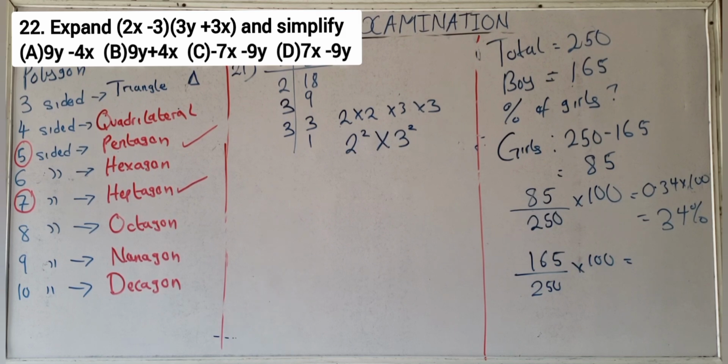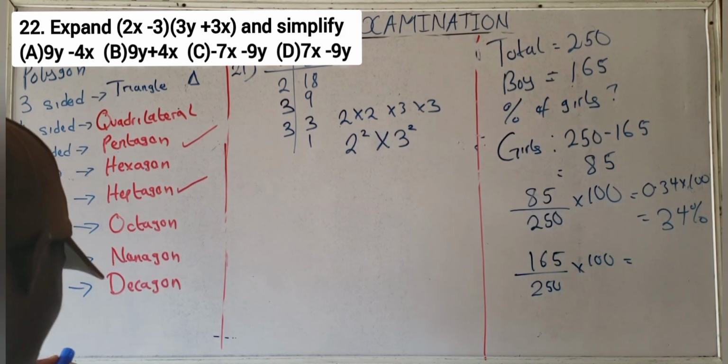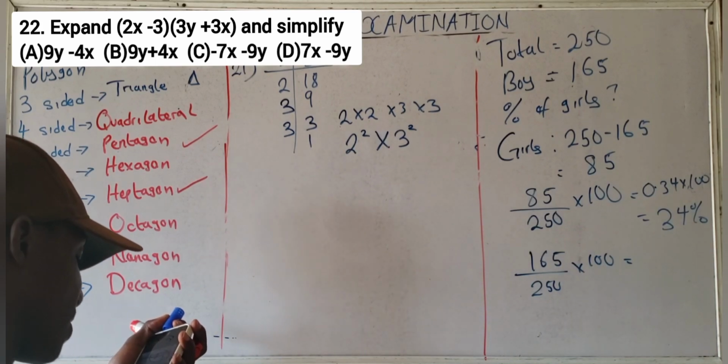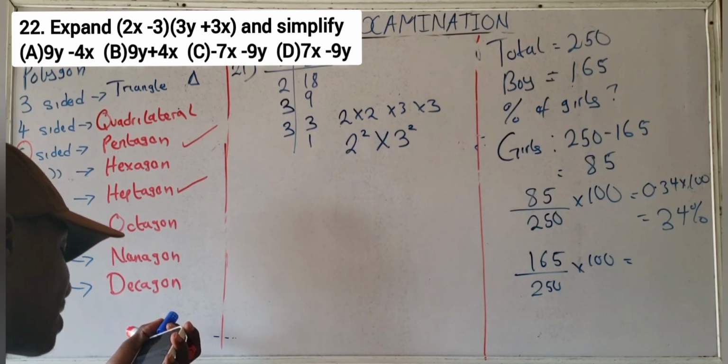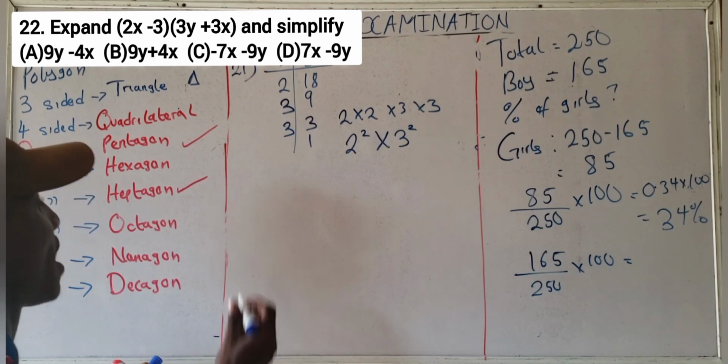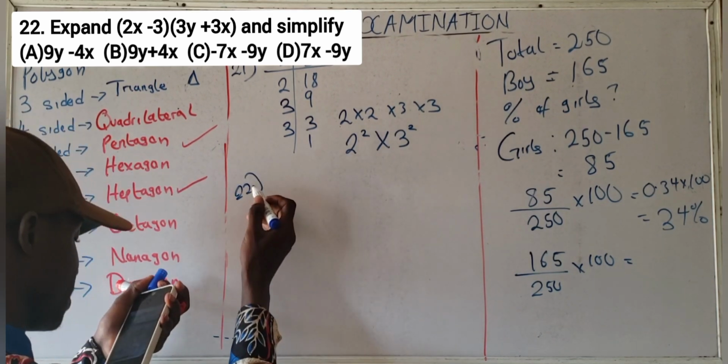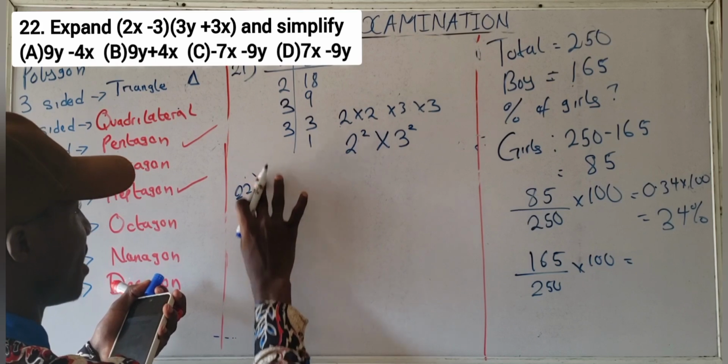Okay, so let's proceed to question number 22. For question number 22, we have: expand 2x minus 3 and 3y plus 3x, and simplify.